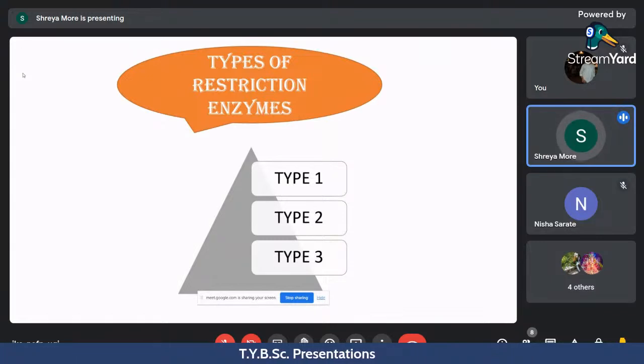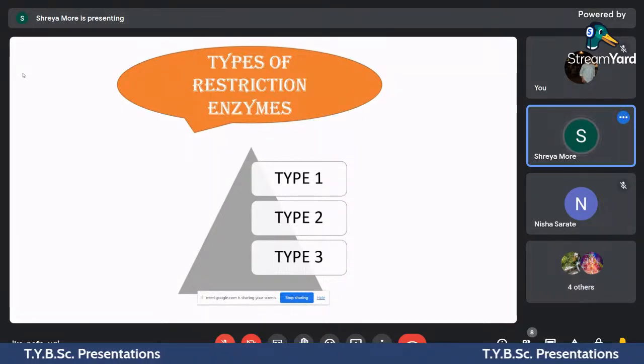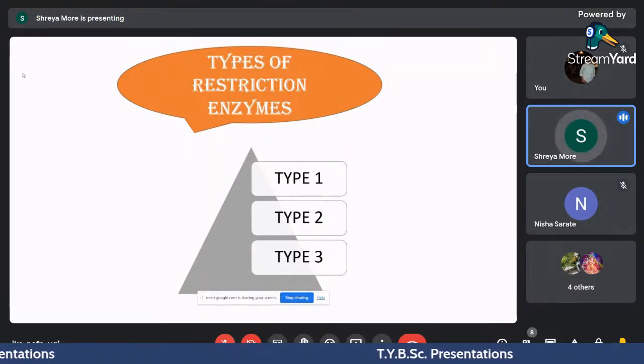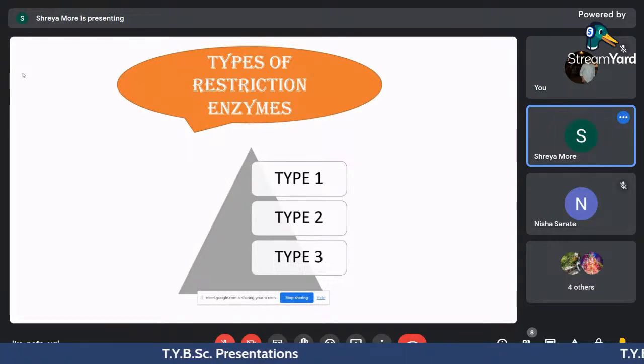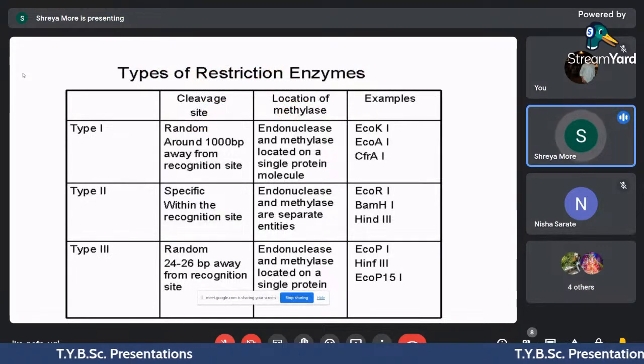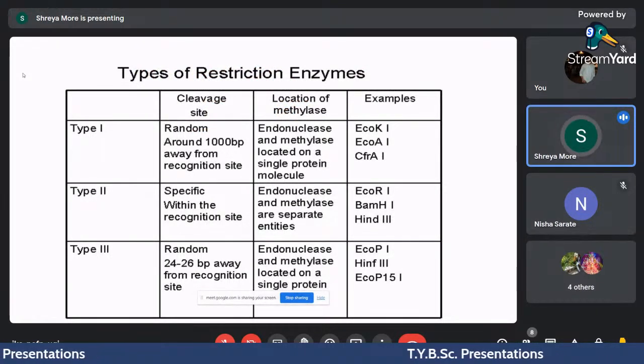Res is used for nuclease action, and Mod is used for recognition and modification of DNA. So these are some of the types with their sites and location.